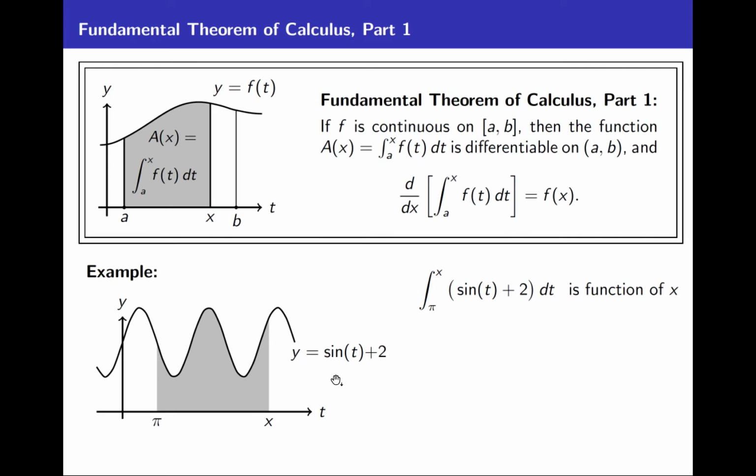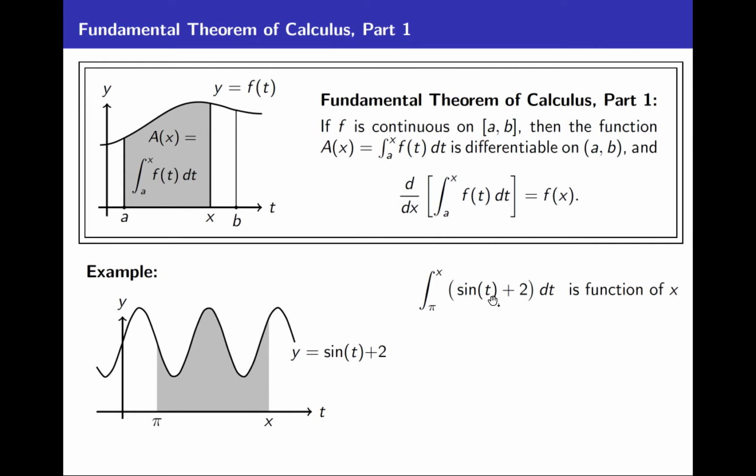And that's a function of x. As x increases, that shaded area gets bigger. So the integral from pi to x of sine of t plus 2 dt increases. It's a function of x. And what the fundamental theorem of calculus part 1 is saying is that the derivative of that function is going to be your f.